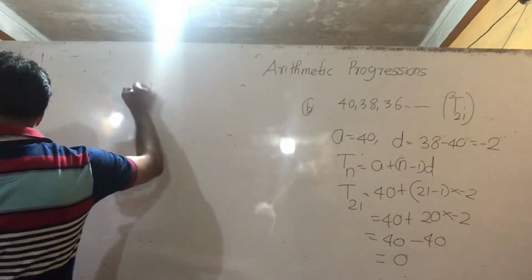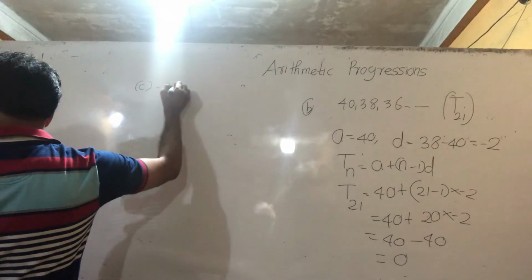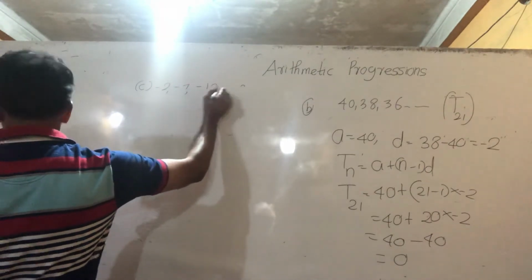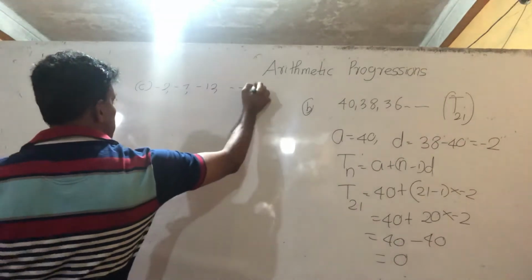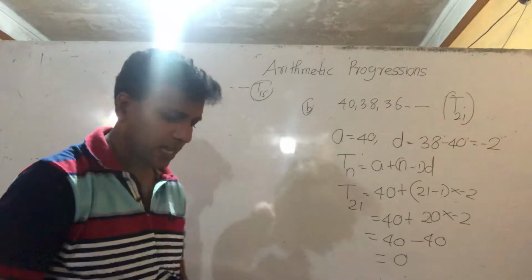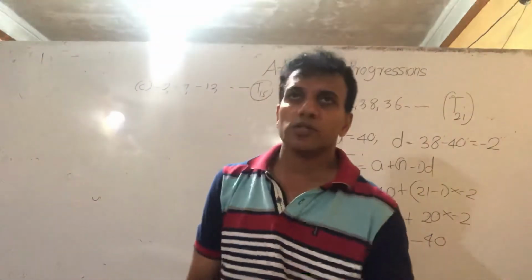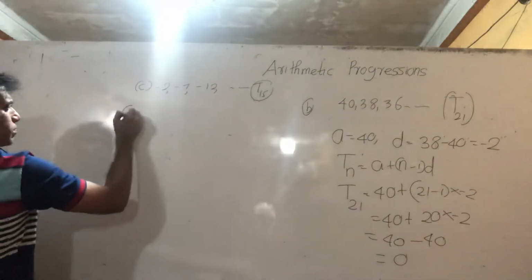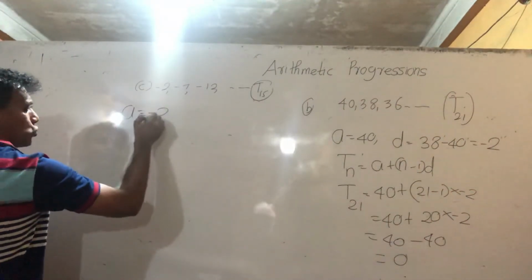Next C part: minus 2, comma minus 7, comma minus 12, and find the 15th term. Find the 15th term, the same method you can work. So follow that procedure. First term minus 2.